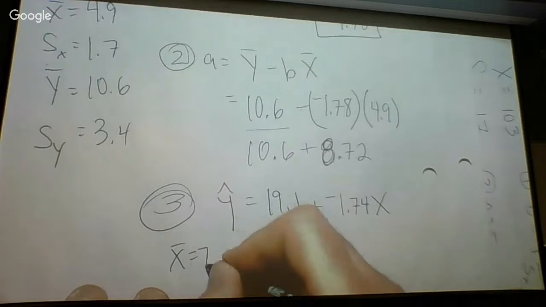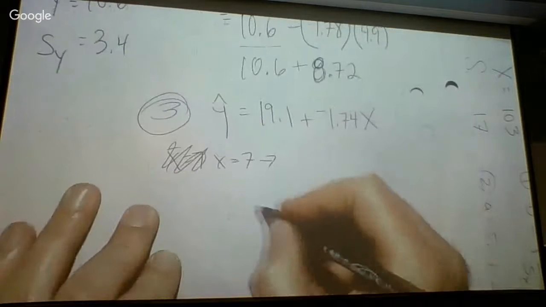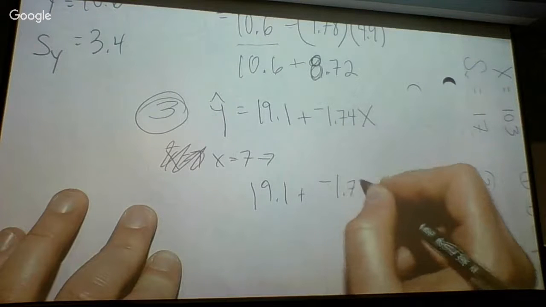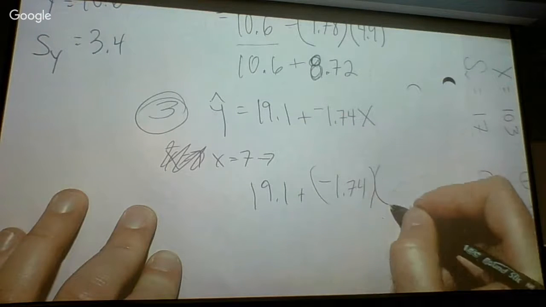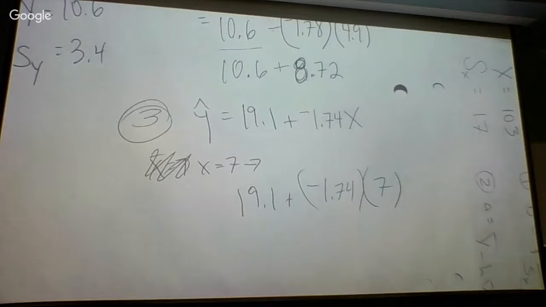If x is 7, 19.1 plus a negative 1.74 times 7. That's a half and a 7 and a 3.5. I feel like I want to take 19 and subtract about 11. It sounds like it should be near 8, but I don't know about that one. I feel like I'm wrong there. It should be more than that.